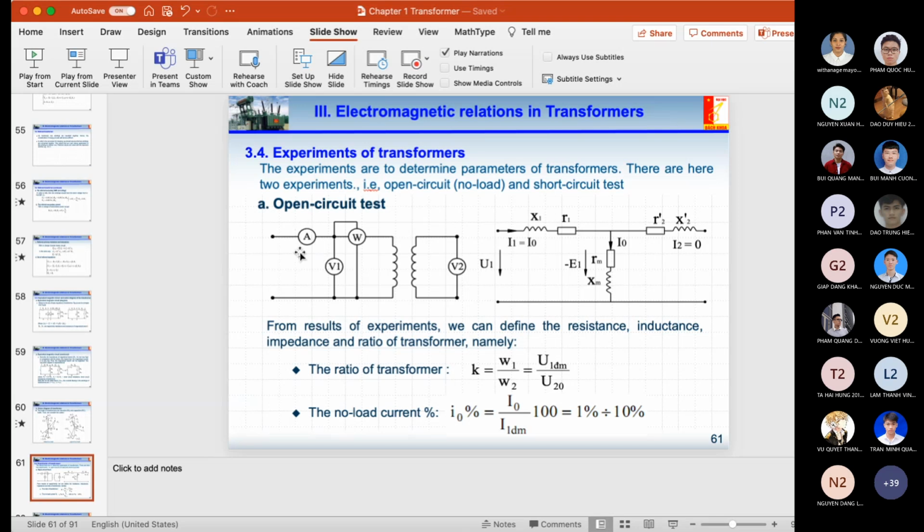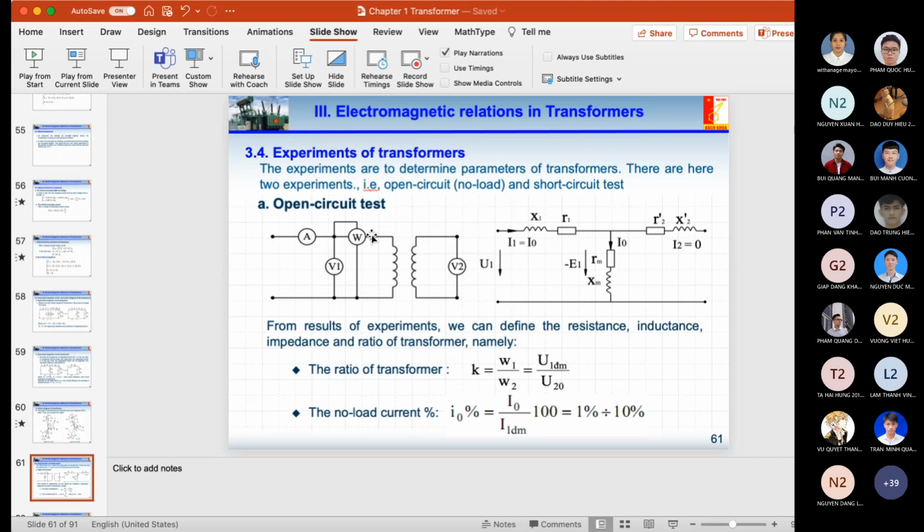Now if you want to measure the input current, of course you have to connect the ammeter in series in this diagram. As I said before, for low current values we can measure directly without using a current transformer.